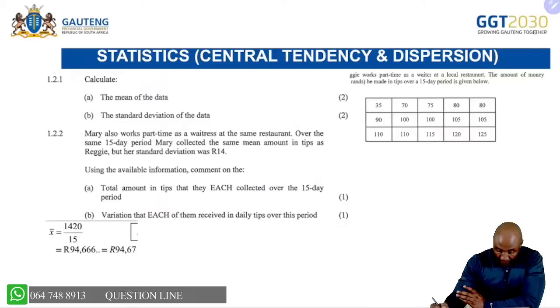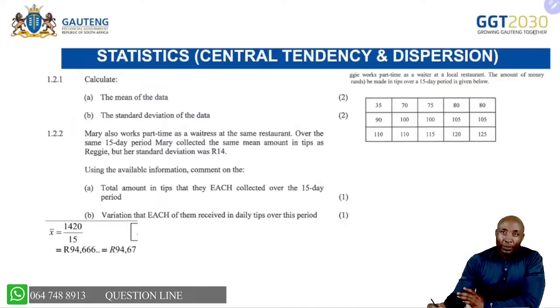But even if you do not show that step, you just write your answer as 94 rand 67, you will get your 2 marks.